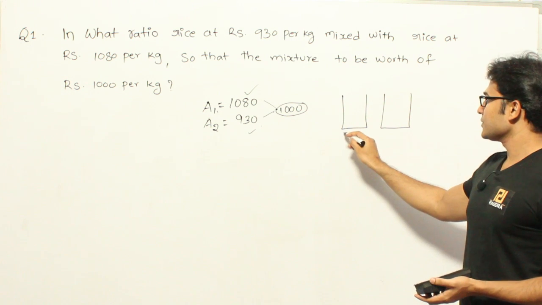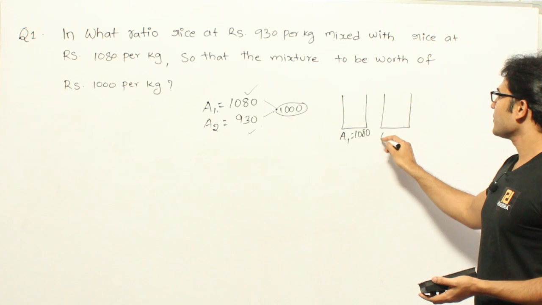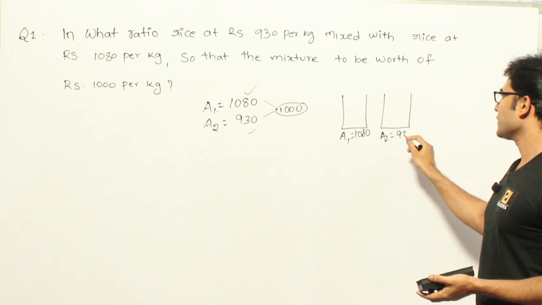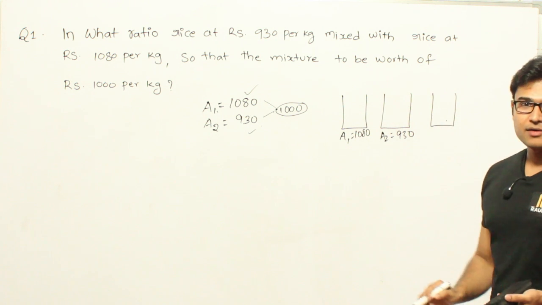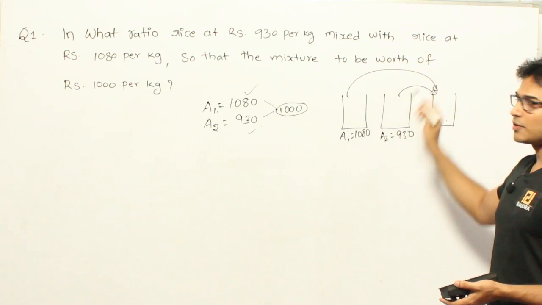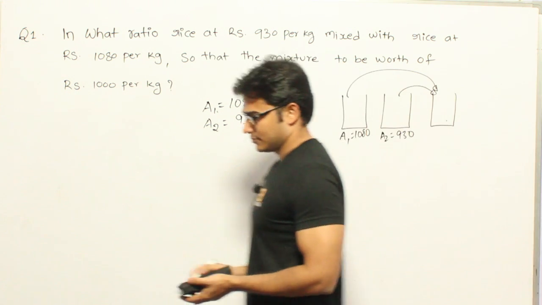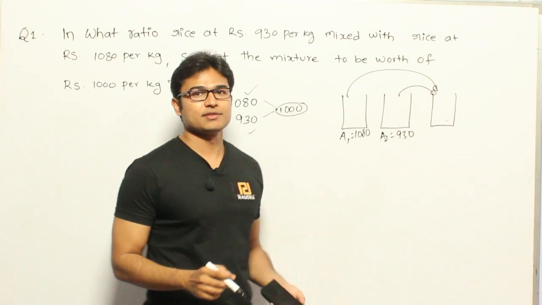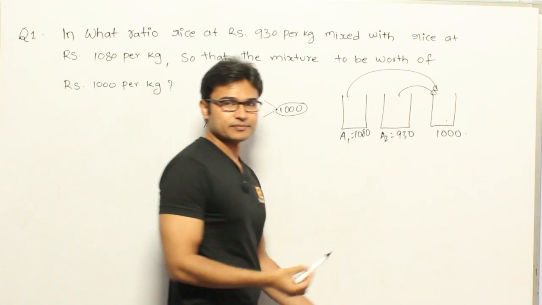One bag is having rice whose cost is 1080 per kg, and the other bag is having rice whose cost is 930 rupees per kg. Now we are going to form a new bag by taking some amount of rice from here and some amount from here, in such a way that we can sell the new rice at 1000 rupees per kg, right?